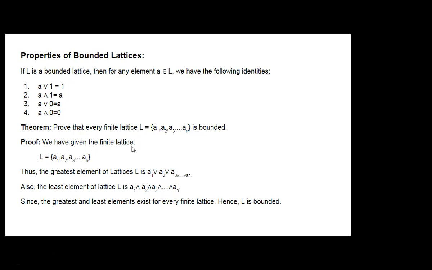We have the given finite lattice L equal to A1, A2, A3 up to N. Thus, the greatest element of the lattice L is A1 union A2 union A3 union up to N. Also, the least element of the lattice L will be A1 intersection A2 intersection A3 intersection up to AN. Since the greatest and least elements exist for every finite lattice, L is bounded.